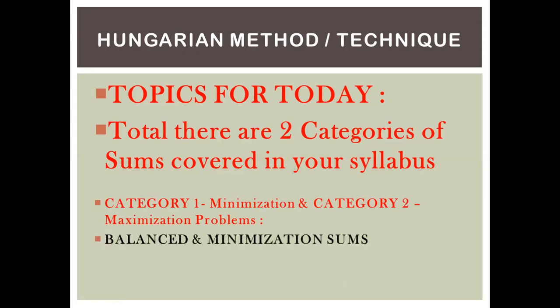Our problems today will be focused on category 1, that is minimization. So we'll be learning how to solve sums based on the objective function of minimization, and in that I'll be teaching you two types of sum. One will be a balanced problem and the second will be an unbalanced problem.